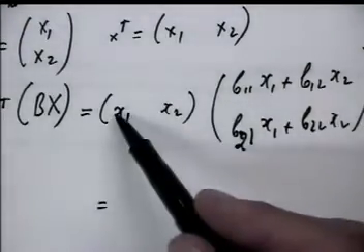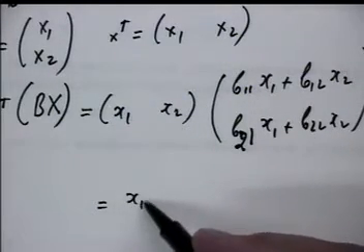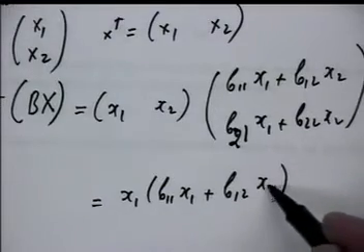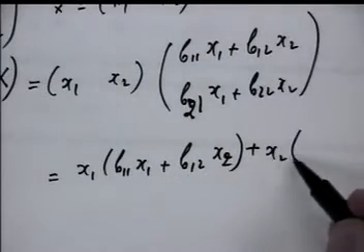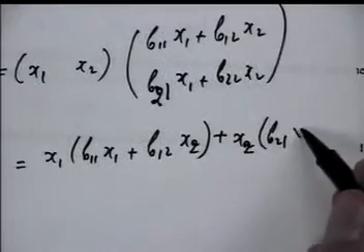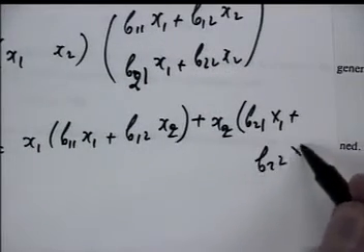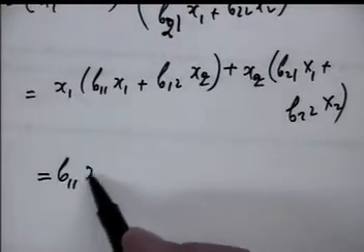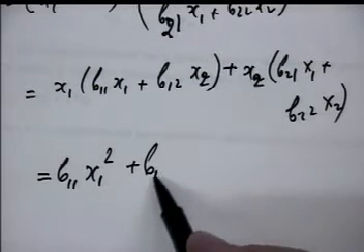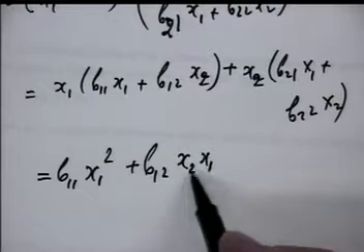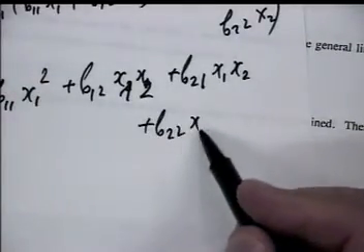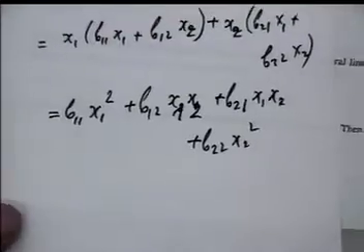The first number is multiplied by this: x1 times (b11 x1 plus b12 x2) plus x2 times (b21 x1 plus b22 x2). And this gives us b11 x1 squared plus b12 x1 x2 plus b21 x1 x2 plus b22 x2 squared.